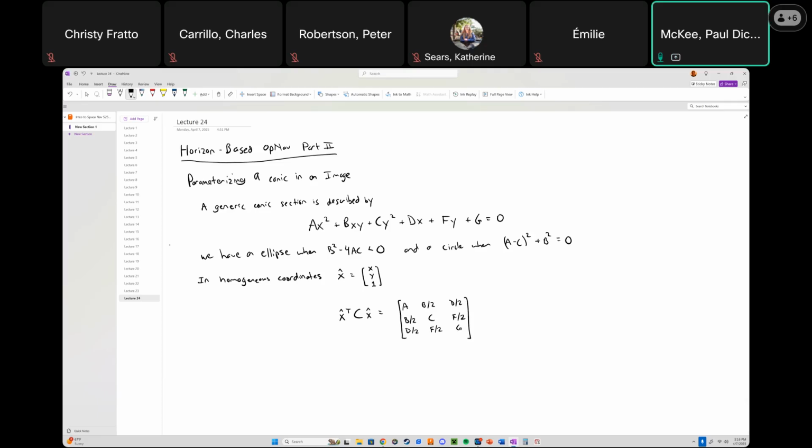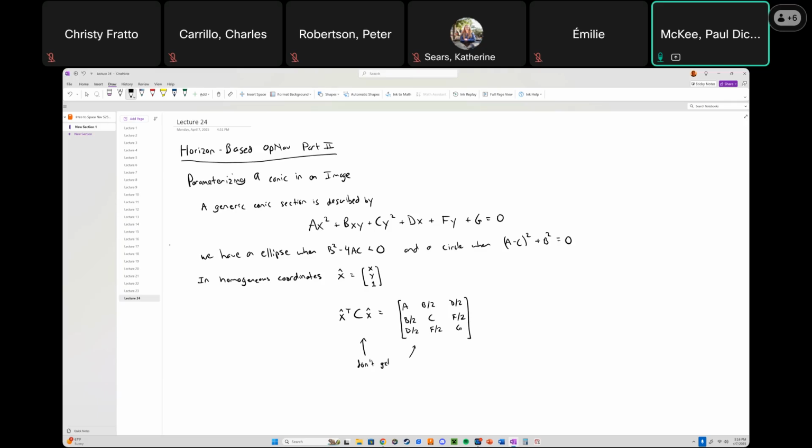Here I'm using the letter c to mean this matrix, whereas over here it's a scalar in the matrix. Don't get confused. Moving forward, unless I specify, I'm talking about this C.